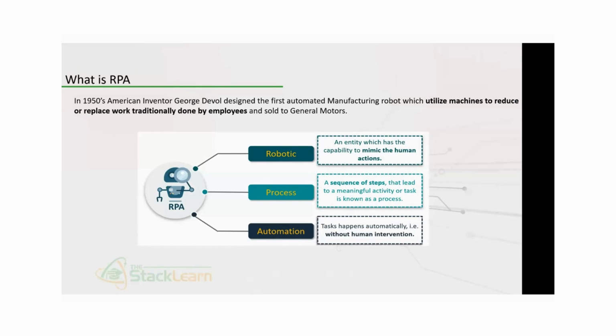Whatever the humans are doing manually, the same repetitive task for months or years, it can be automated. Yeah. There is an existing process that people are doing, and that will be automated through RPA. The major example would be BPO.